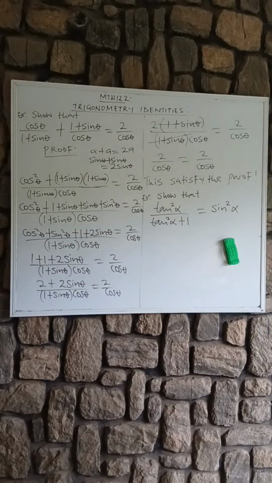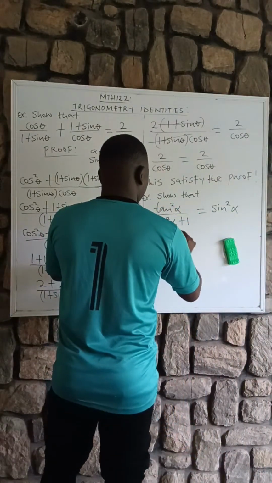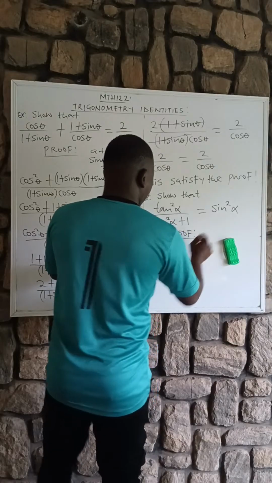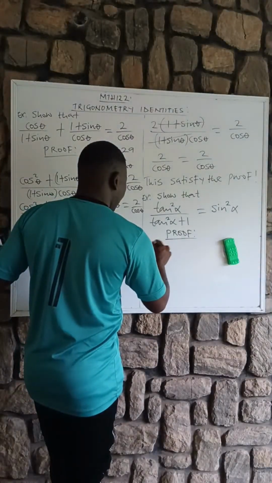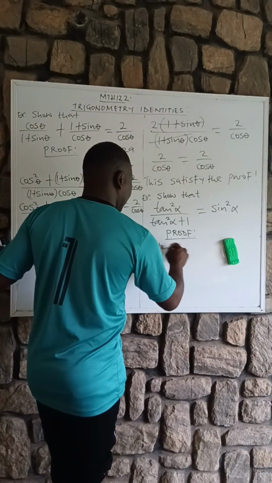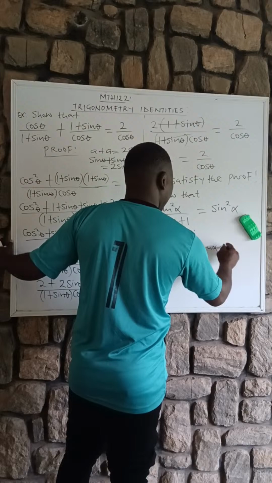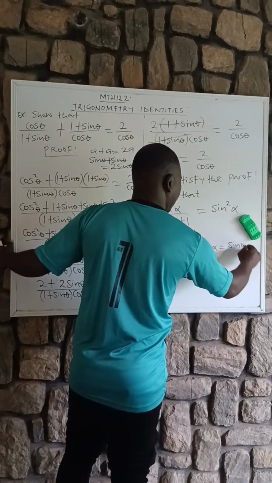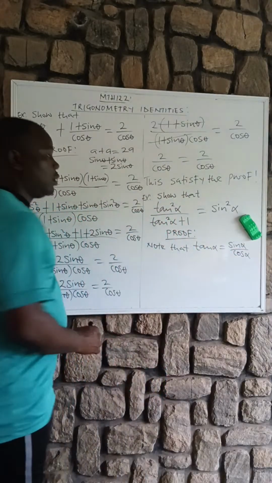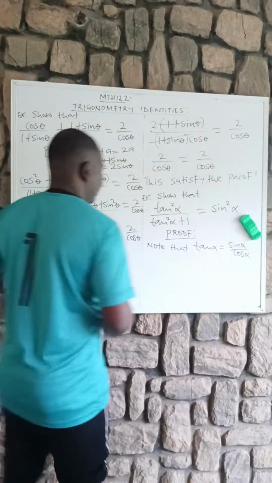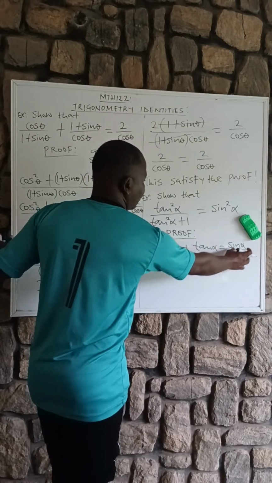Okay, so let's prove. First thing we should consider is note that our tan alpha is equals to sin alpha all over cos alpha. True or false? It's true, right? So if you agree with me, this implies that anywhere we see tan alpha, we replace it with this.